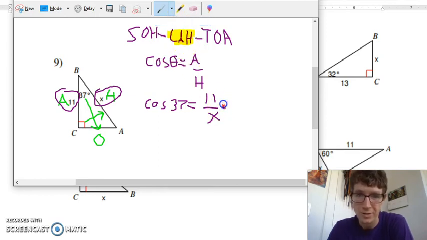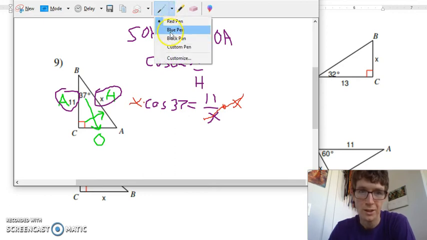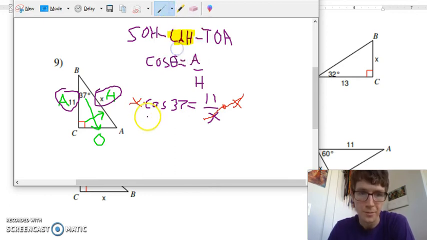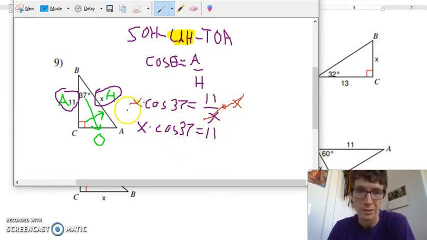I've done this on a previous video as well, so hopefully it'll make sense in a second. If I multiply both sides by x, the x's cancel over here. So now let's rewrite our equation as x times the cosine of 37 is equal to 11. Now we want x by itself, so maybe you're thinking, why do we move it over here?